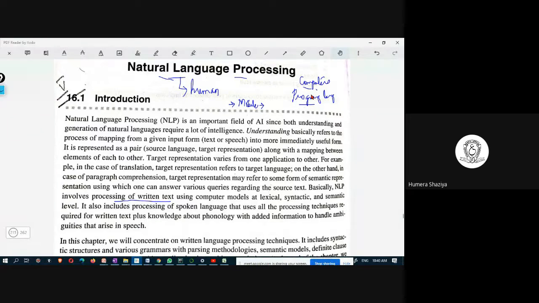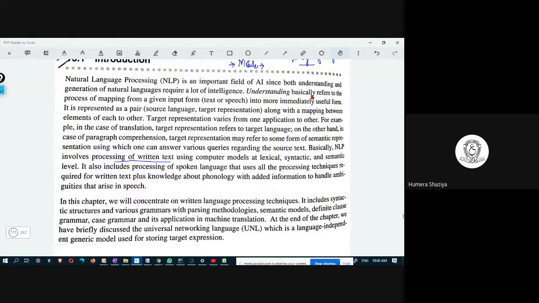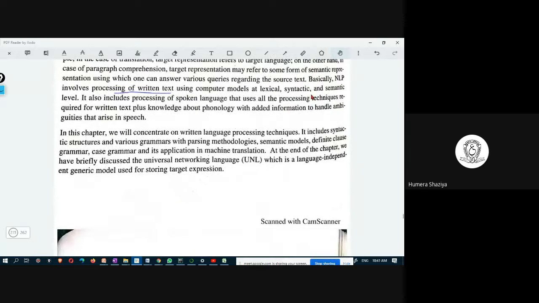And if I write some phrase in a Google search engine, then that is written natural language. So the system should understand both written, and NLP deals with written. It involves lexical analysis, syntactic analysis, semantic analysis. Also, it should be able to process a spoken language.